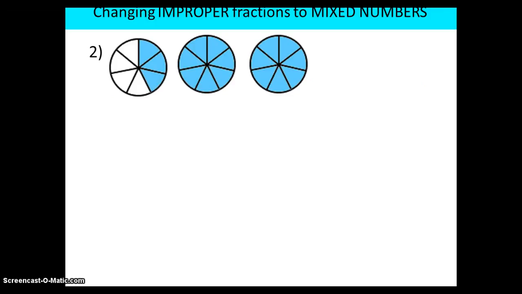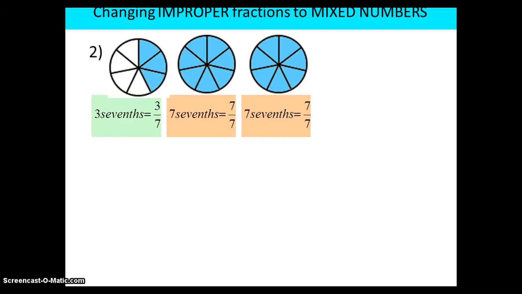Now let's look at the second question. What do we have for the first diagram? Good, 3/7. What about the second diagram? Yes, we have 7/7. And the third? We also have 7/7.